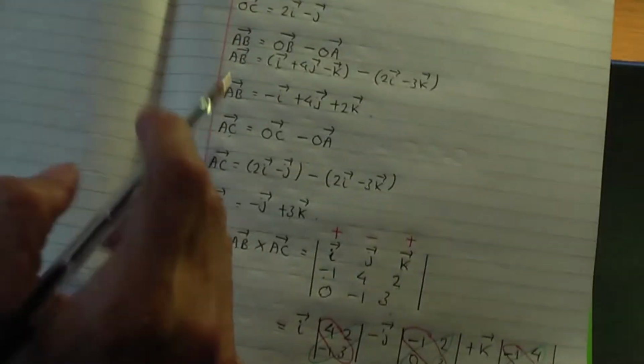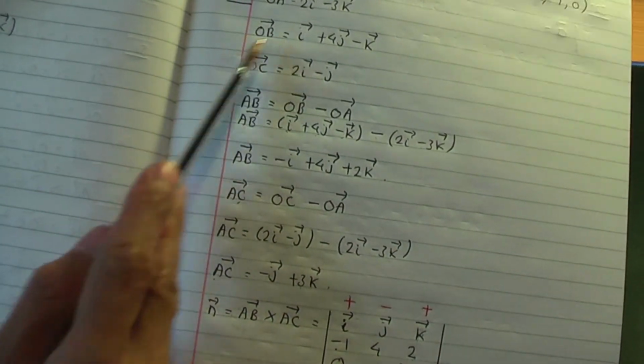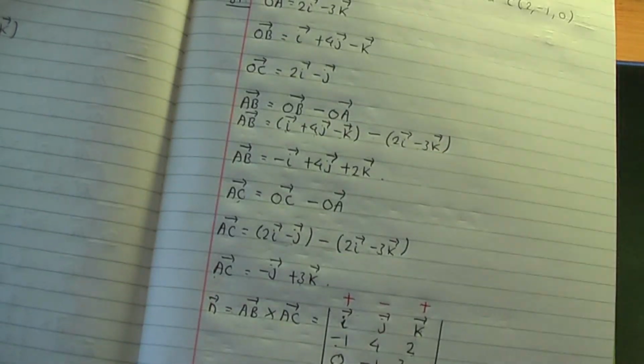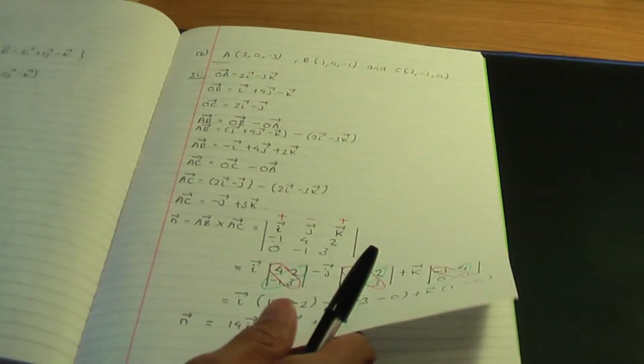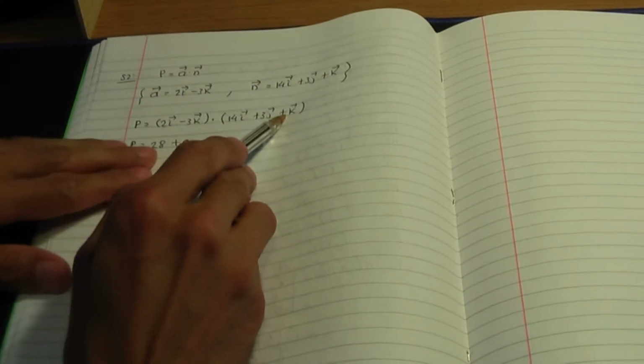So in step number 2, P is a dot n. For A, I'm going to take the vector OA. The vector OA is 2i minus 3k, but you can just as well take OB or OC because all of these points are fixed points on your plane. So OA, I'm taking 2i minus 3k, and the vector n, 14i plus 3j plus k.